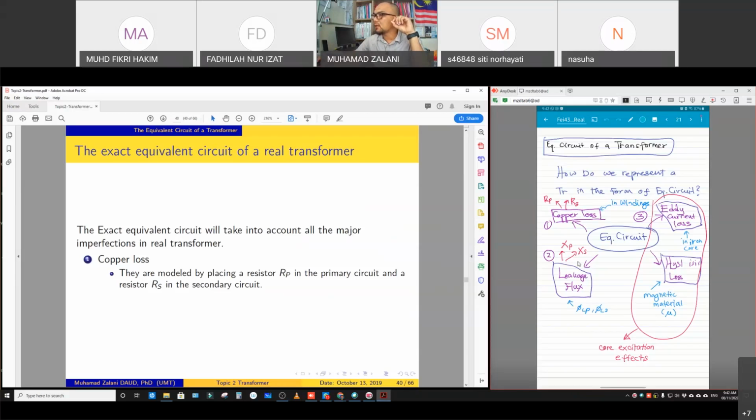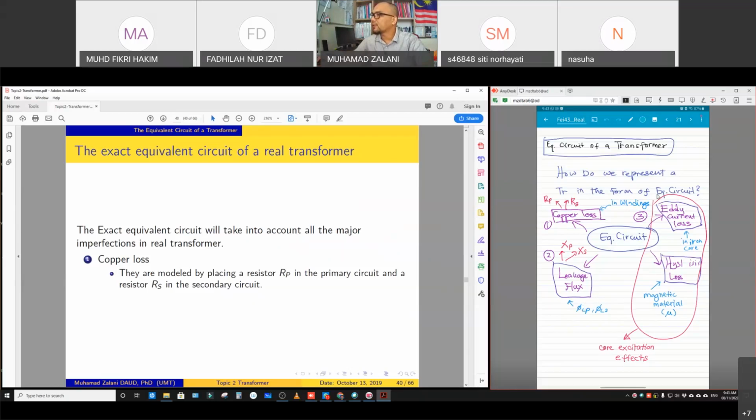Then for the leakage flux, we represent it in terms of XP and XS. XP is the impedance or inductance at the primary side, or the accurate one, XP is the reactance at the primary side, and XS is the reactance at the secondary side. These are caused by the leakage flux at the primary and secondary sides.